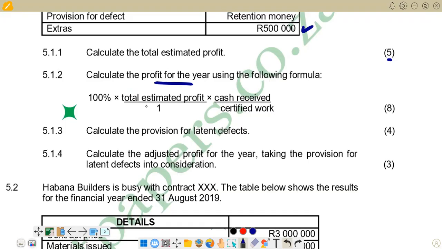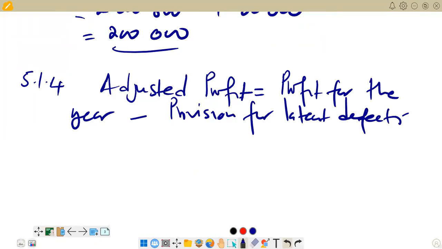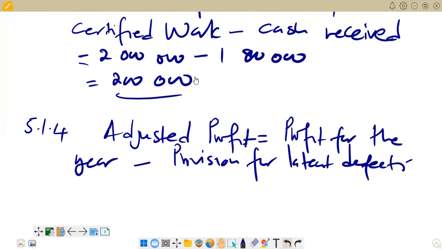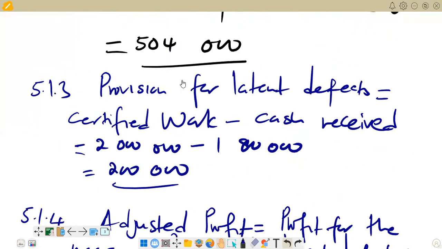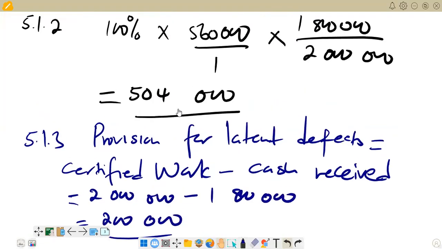And then we are subtracting provision for latent defects, and provision for latent defects is here on 5.1.3. So we go back there to see the figures that we found in terms of 5.1.2 and 5.1.3. This is 5.1.2, we got 504,000 for profit for the year.